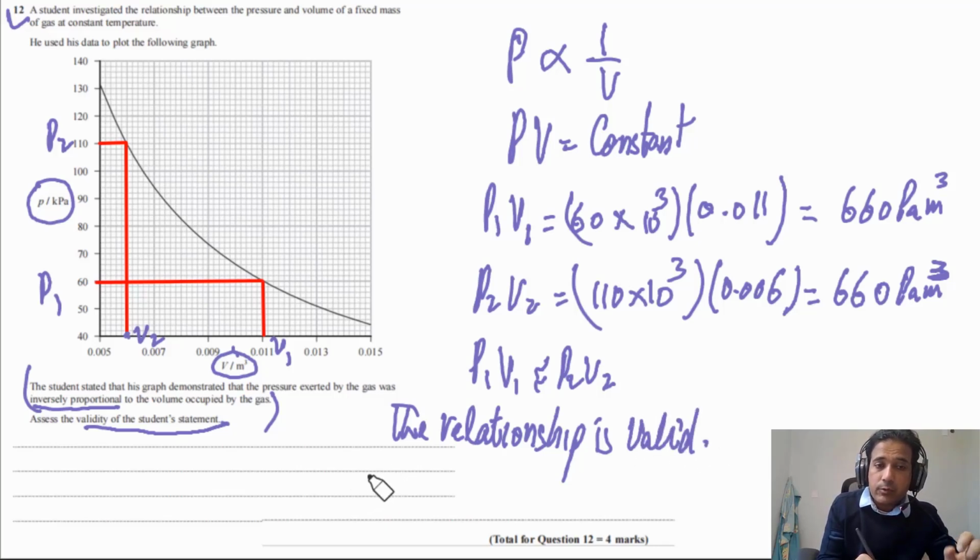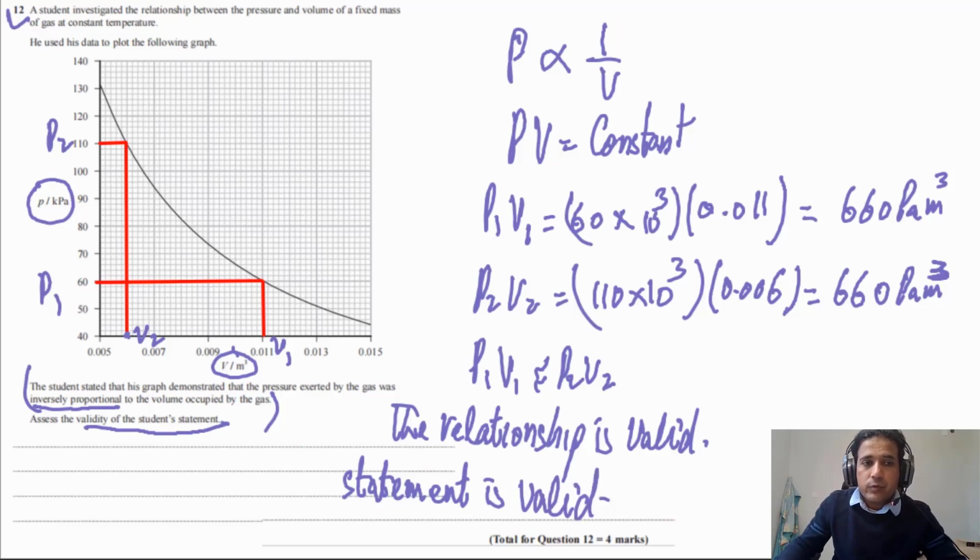So the statement of the student is also valid. So this is how you need to answer. You can take another point as well. So this is how you will justify whether this statement is valid or not.